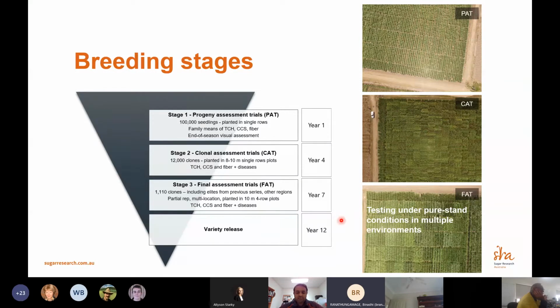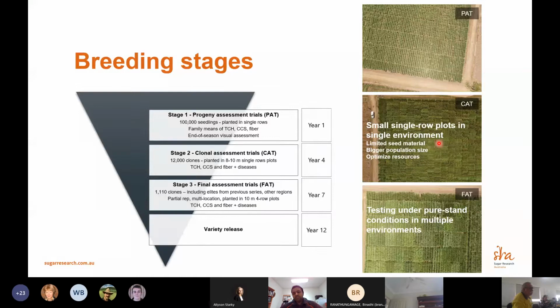Now, the primary breeding objective is to improve the productivity on growers' farms, which is under pure stand conditions. So ideally, we would like to test all the clones under pure stand conditions in multiple environments, but that's not feasible in early stages of breeding, mainly because we are limited by the amount of seed material that is available.